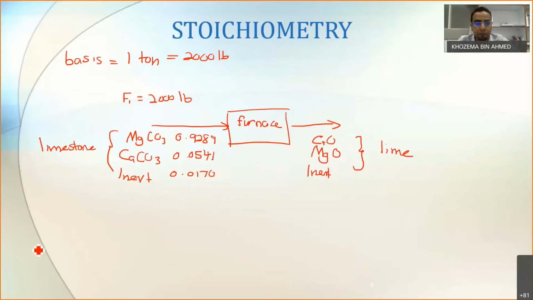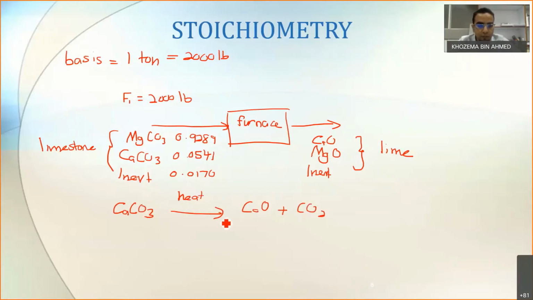Since this is a chemical reaction, we have to write the chemical reaction for what is happening from limestone to become lime. First of all, we look at calcium carbonate. Calcium carbonate, you subject it to heat, you'll get calcium oxide plus CO2 gas.